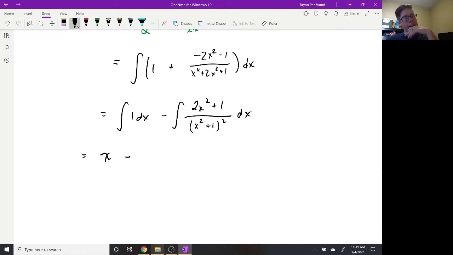So I am thinking that it doesn't look like a substitution is going to be helpful. So I think we're going to try to decompose this into the following.